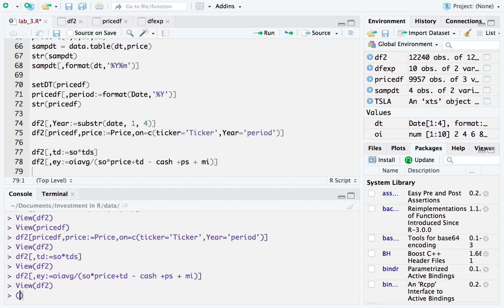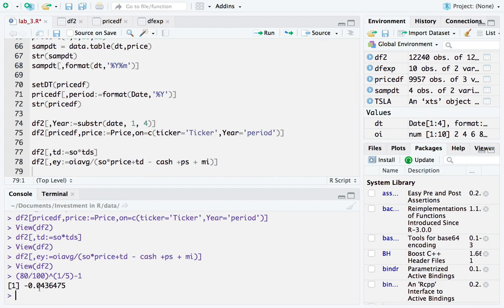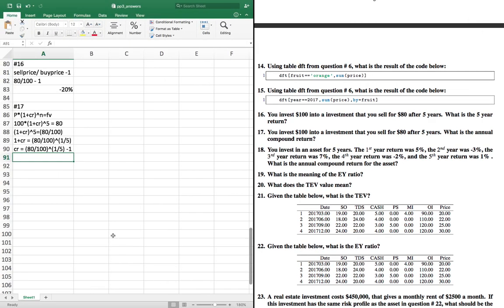Just give you guys the answer. Boom. And it comes out to negative 4.36% a year. All right?